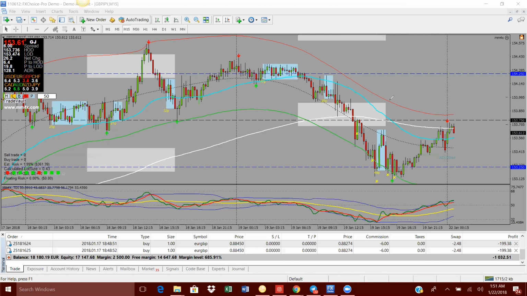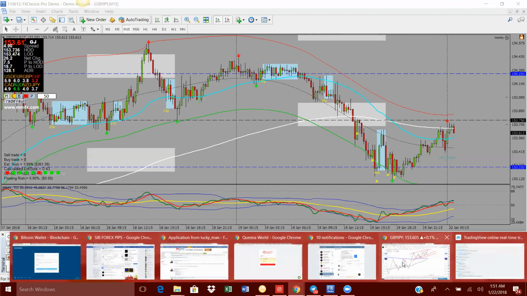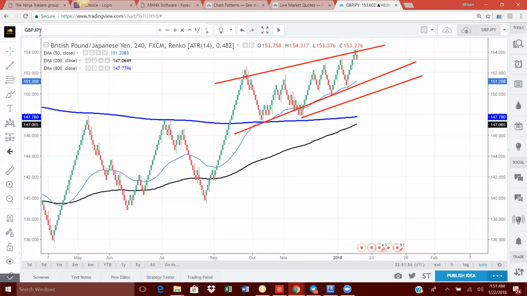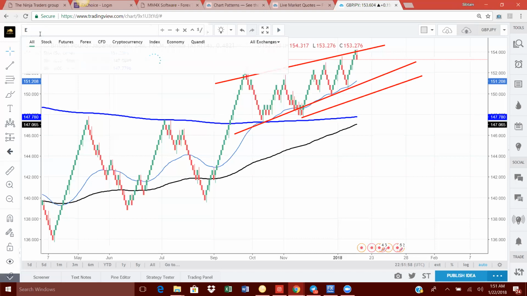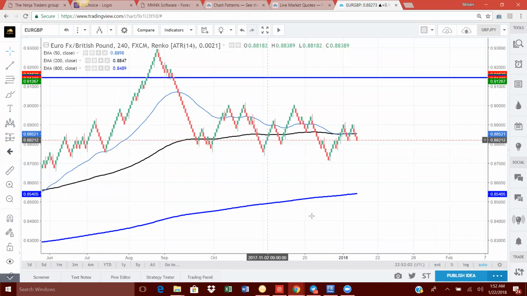So the price could come down very hard. And the euro is gaining strength. So EUR GBP will be an uptrend from this week. Let me review EUR GBP also, because I have been on a buy for 3 days now.